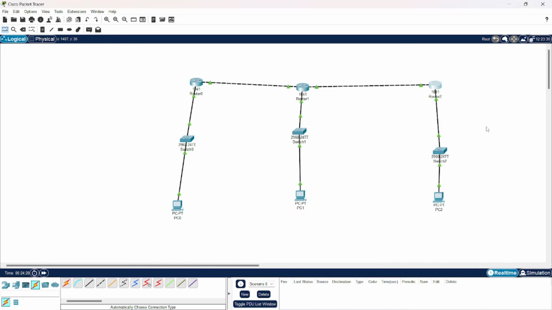Now we have made all the connections, assigned the IP addresses, and did static routing. Let us send the messages and see if it is working or not. Don't forget, the first few messages are going to fail.